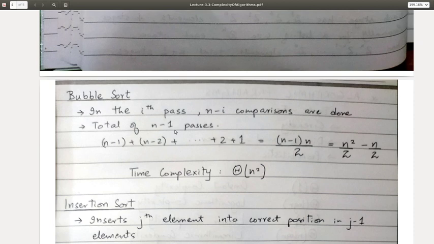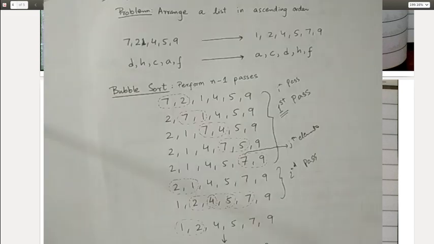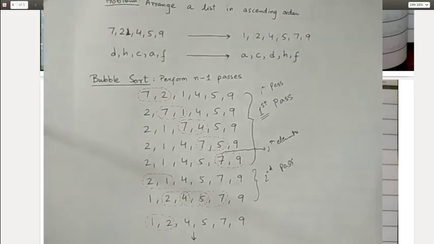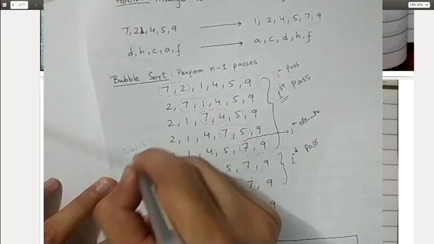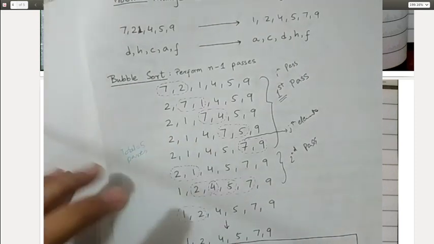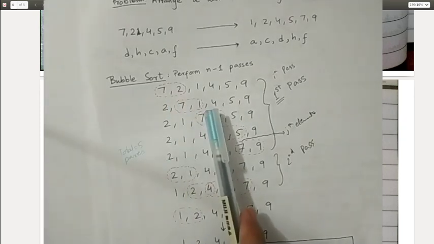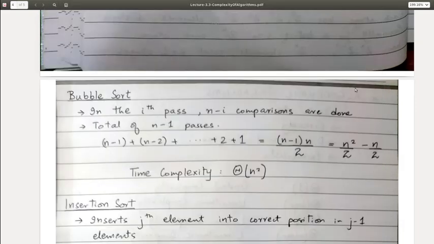For example, if you had a list of 6 elements, you will be doing a total of 5 passes, and in each ith pass you are doing n minus i comparisons, because you're checking whether pairs are in order and then interchanging them. And so this is how the mathematics works out.